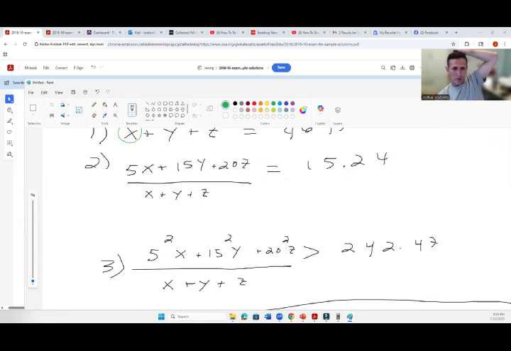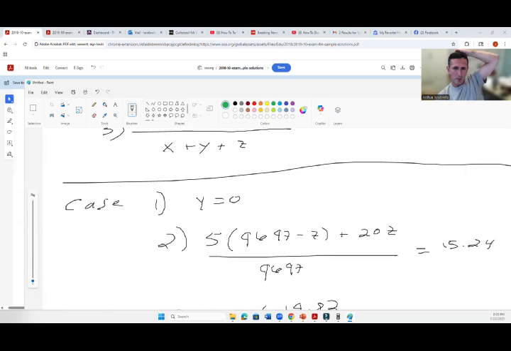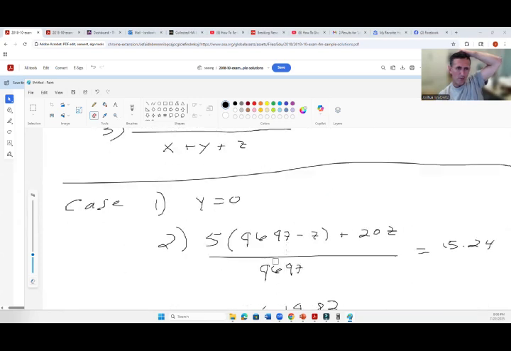You would basically do the same thing, except it would be 15 here, because x is 0, it's 15y.